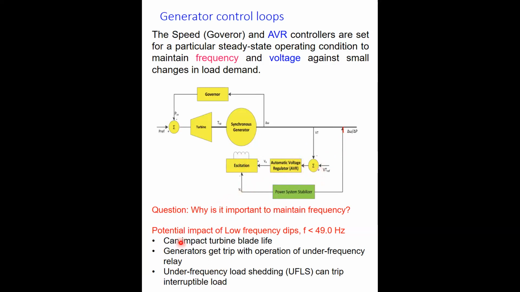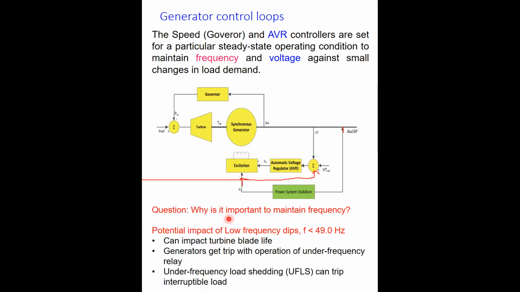So we have an auxiliary, supplementary signal being fed to the AVR section for damping out the low frequency power oscillations.